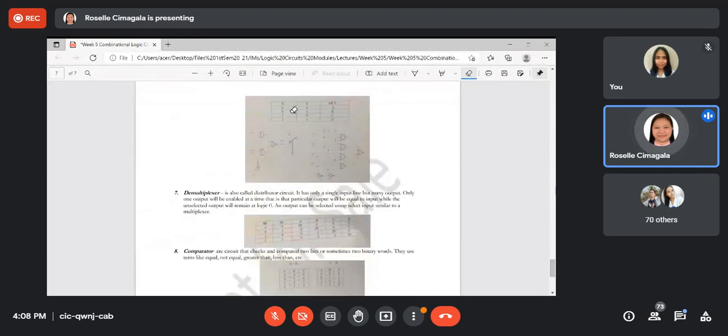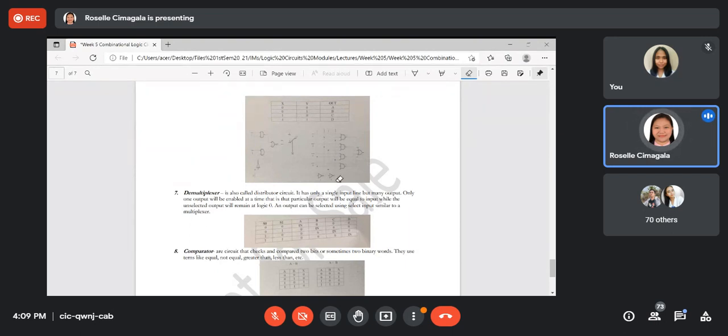If we have X, Y inputs, our outputs are A, B, C, D. For example, X, Y has the combinations 0 0, 0 1, 1 0, 1 1.